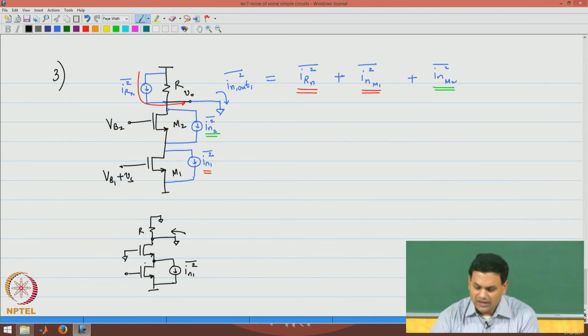So now at the drain of M1, clearly the noise current has 2 paths to flow. One is back into the transistor, the other is into M2. To understand this a little bit further, we will need to draw the small signal equivalent circuit.